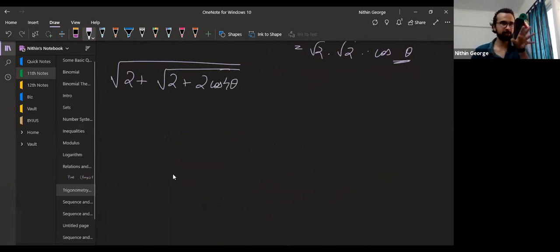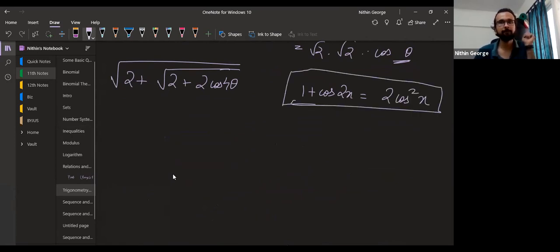The formula I am using here is 1 plus cos 2x equals 2 cos square x. This much is okay? Yes, sir. So if I write 2 plus 2 cos 2x, this will become 4 cos square x.